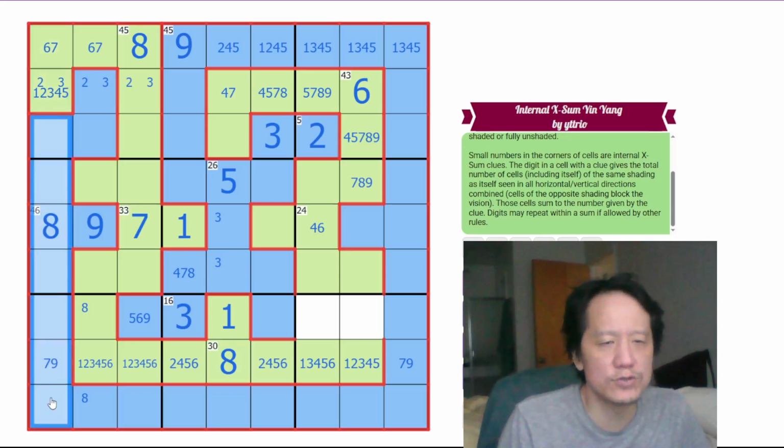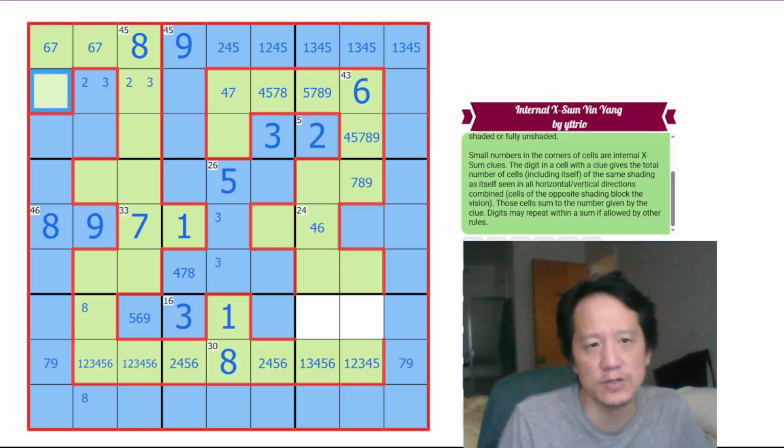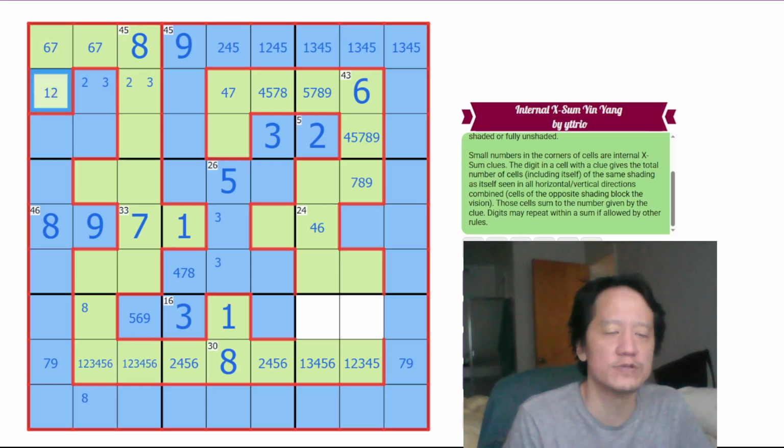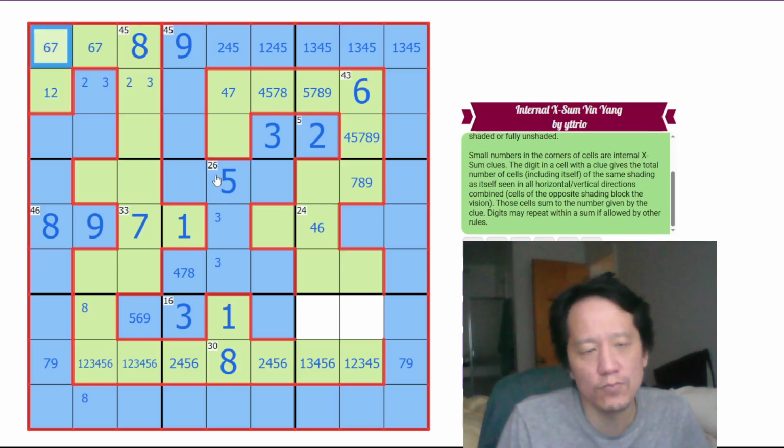This adds up to 37 again, because 46 minus 9 is 37. That means these two add up to 45 minus 37, which is 8. So this has to be 1 or 2 to add up with the 6 or 7 here. 3 has to be one of these two. We're not sure which.